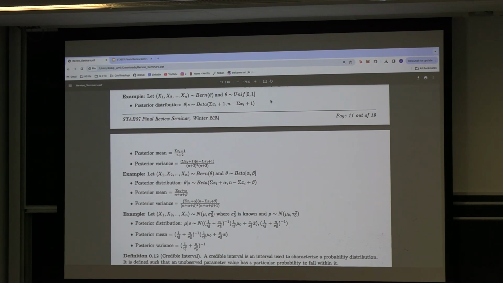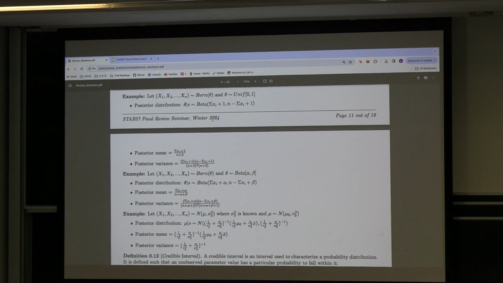Yep, exactly. In the context of Bayesian statistics, we have a hunch that theta is somewhere between 0 and 1, and using the PDF of the Bernoulli and uniform distributions, we can find the likelihood and multiply it by the prior, and you get the posterior distribution, which is a beta distribution with those parameters listed.